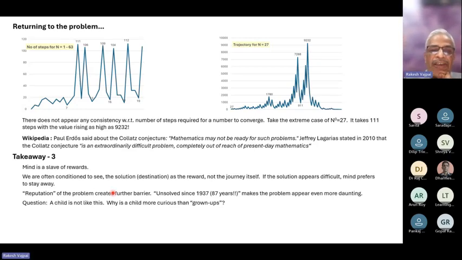If you look at us as grown-ups, this barrier is very strong: when we look at a problem, we want to know whether it is solvable or not. And if it comes with a reputation that it was floated in 1937, and it's been 87 years and no one has been able to solve it, then it all the more becomes a big barrier even to try to look at it and attempt it.